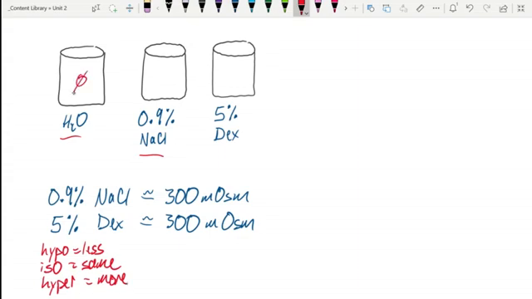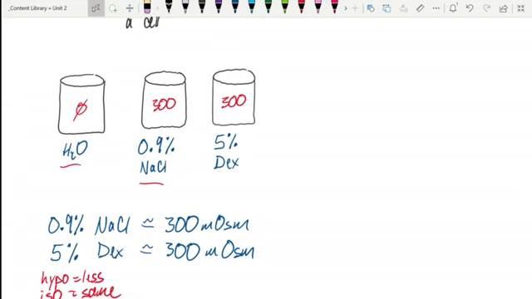There's nothing in here. Salt, 300 milliosmoles per liter. Dextrose also 300 milliosmoles per liter. This water, if we were to compare the water to the salt, the water would be hypoosmotic. The salt would be hyperosmotic, right? If we're making that comparison.